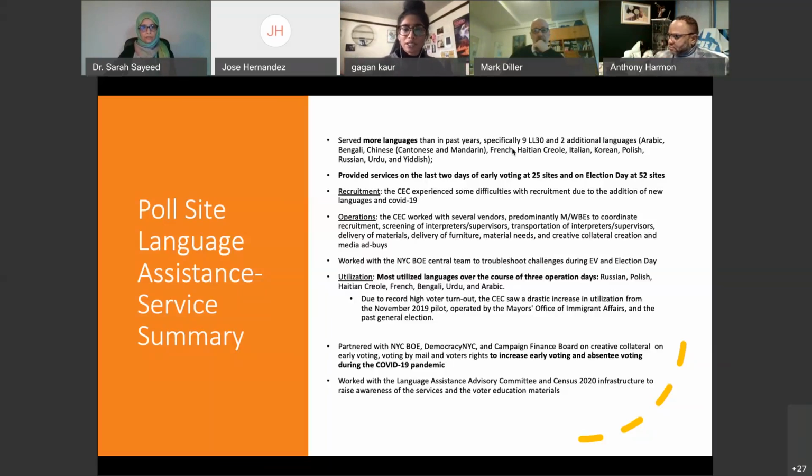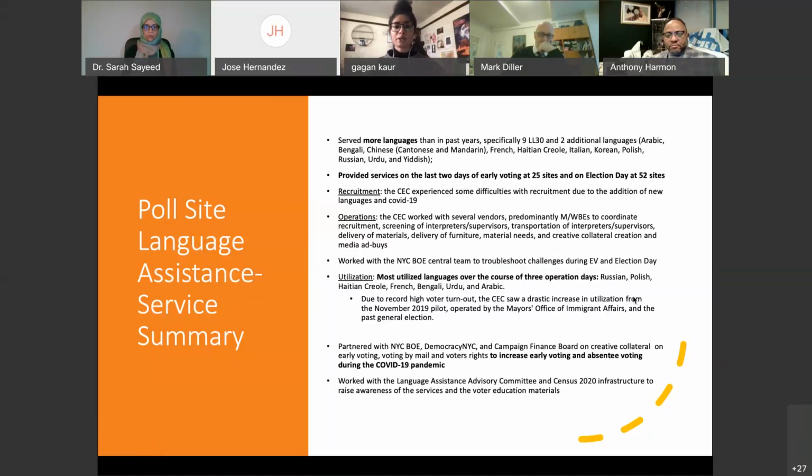In terms of operations, the CEC worked with several vendors, predominantly MWBEs, to coordinate recruitment, screening of interpreters and supervisors, transportation of interpreters and supervisors to different poll sites throughout the day, and delivery of materials.